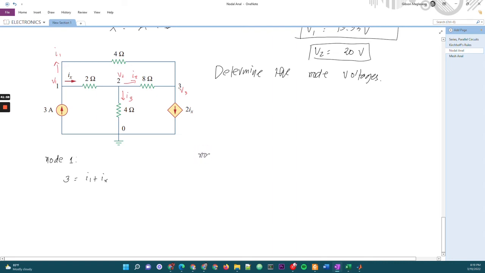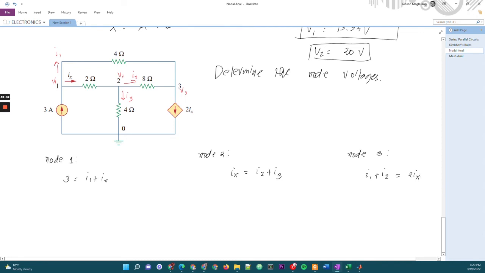And then sa node 2, we have Ix equals I2 plus I3. So node 3, we have I1 plus I2 equals 2Ix. Okay, I hope that is clear. Tan-awa ninyo sa figure.